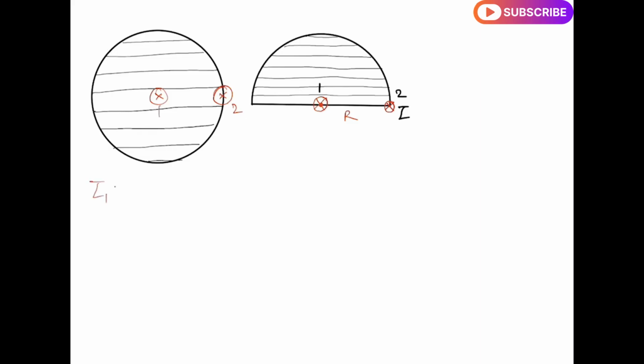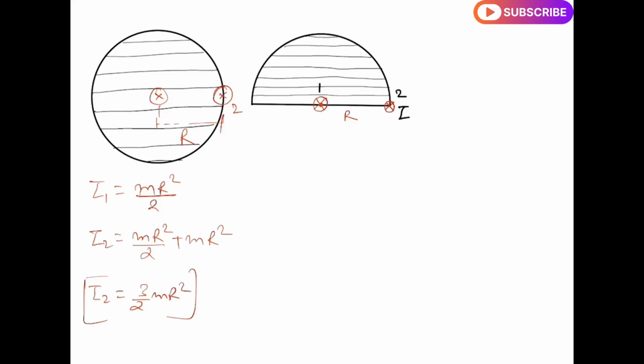I1 is equal to m r square by 2, and the distance between axis 1 and 2 is r. So I2 would be equal to m r square by 2 plus m r square, so I2 would be equal to 3 by 2 m r square. This is the moment of inertia about axis 2.